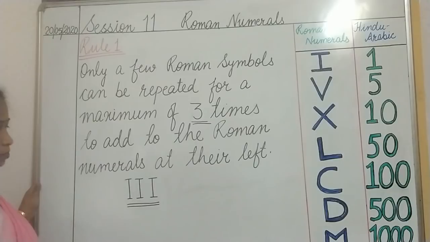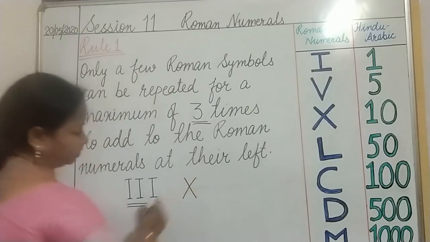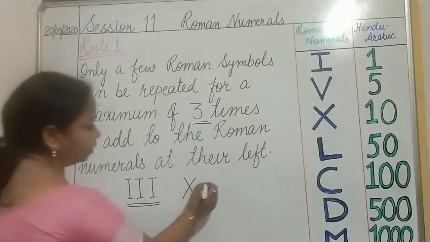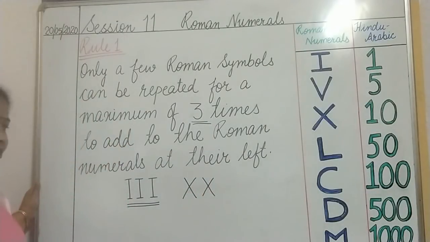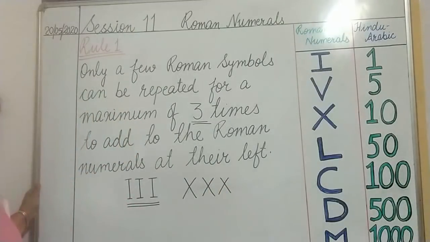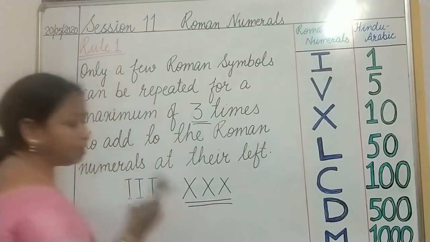Then let us see which other symbol can be repeated. I have X over here, and X stands for 10. If I write double X, it means 20, and if it is triple, it stands for 30. So here again I am bound to use only 3 times.